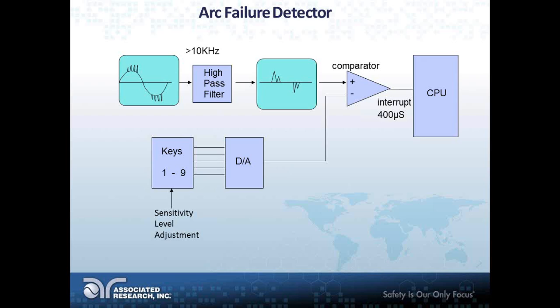And what then happens is, once those high frequency arcs are filtered, they're compared with the user sensitivity level. And if the high frequency arcs are compared to be at the user sensitivity level, the CPU gets an interrupt, and within 400 microseconds, the instrument will display the arc failure.